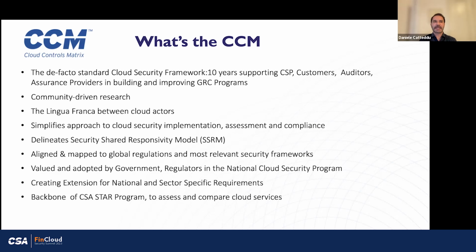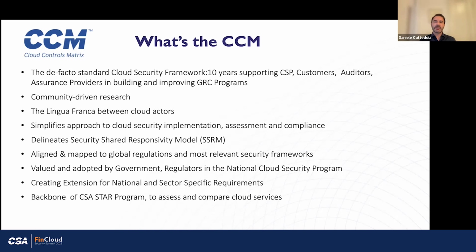Often we know that there is a sort of communication break between the various parties. Not everyone is expressing requirements and needs with the same vocabulary, using the same jargon. And essentially, this is what CCM is addressing. It simplifies that communication, providing a standard language that can be used to express requirements and controls in the cloud space. That is why CCM is often used to simplify the approach to cloud security implementation, to assessment, and of course, ultimately to compliance.